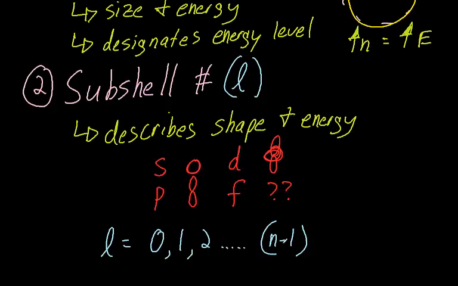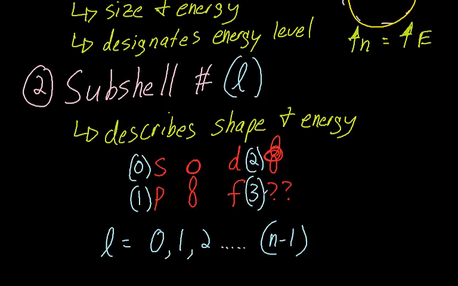And so what that means is each of these shapes is associated with one of those numbers. S is associated with 0, P is 1, D is 2, and F is 3. You'll never get anything beyond that on the MCAT.